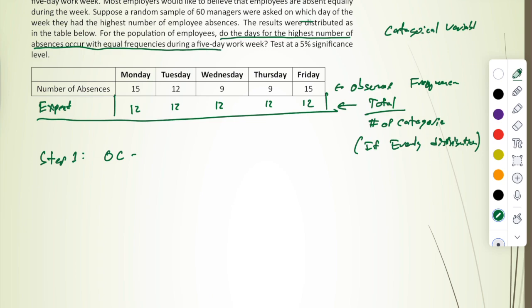Let's take that not as a question, let's turn it into a statement. Days for the highest number of absences do occur with equal frequency. So the original claim here is that days have equal frequency. All right, that's my claim.